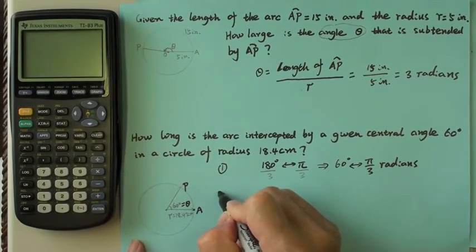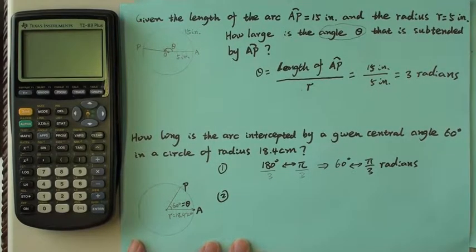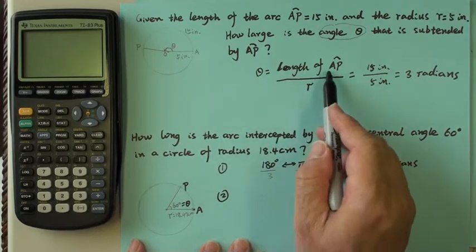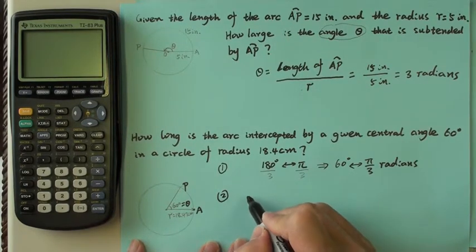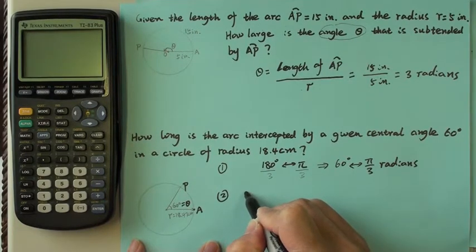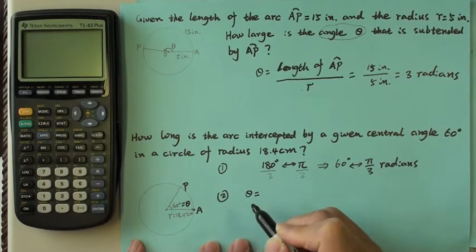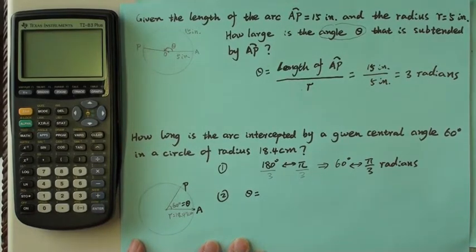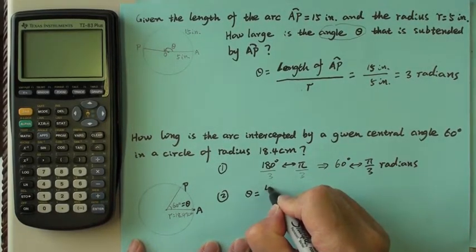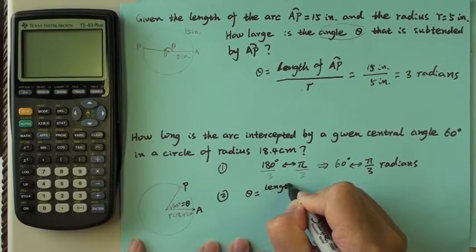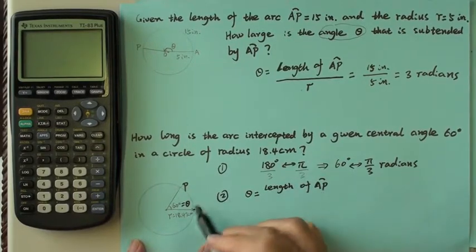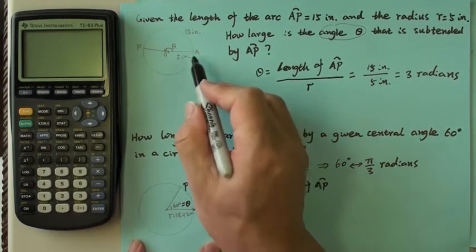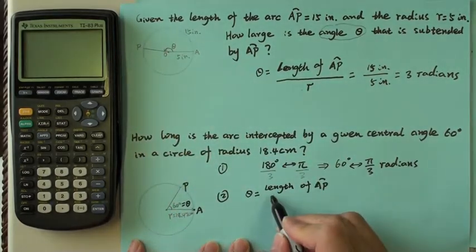The second thing we need to know is that theta is the length of AP divided by R. In this case, AP is that long.